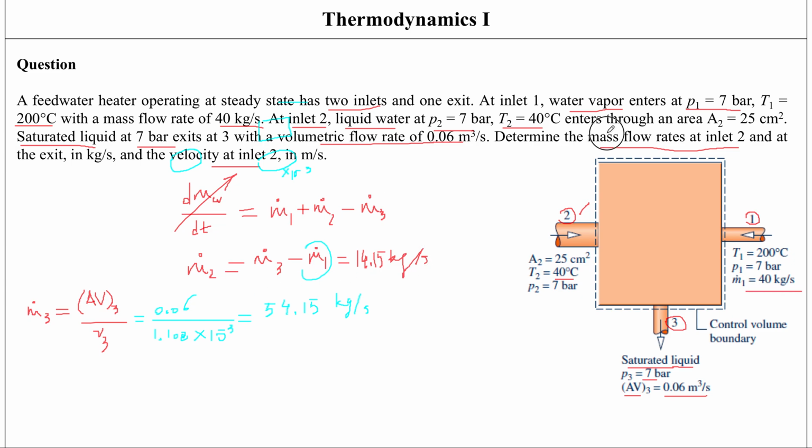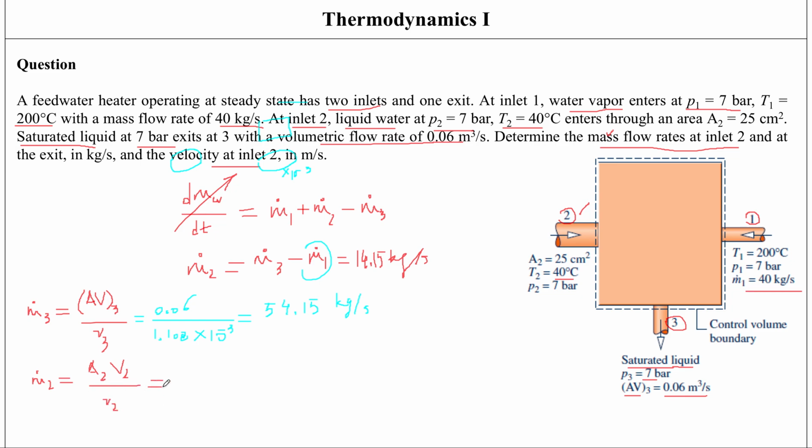So I found out the mass flow rate at inlet 2, and now I need to find out the velocity, right? I need to find out the velocity at inlet 2 as well, and I can use this same expression just like this. I could write m dot 2 in terms of basically the area at 2 into velocity at 2 divided by the specific volume at 2.